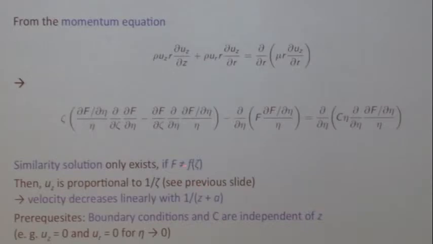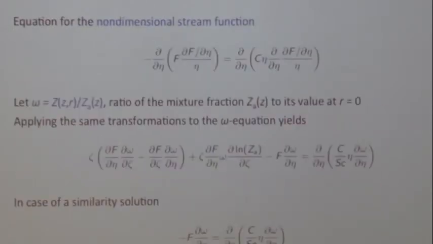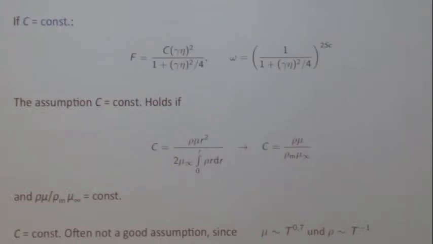So that means this term here goes away. I end up with a simple equation here, and then I can do the same thing for the mixture fraction. Here this is the omega, that's the normalized mixture fraction. And I can solve these equations analytically, and I get this.